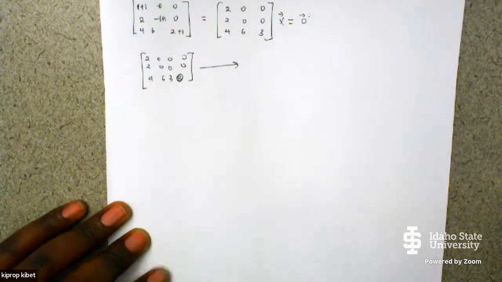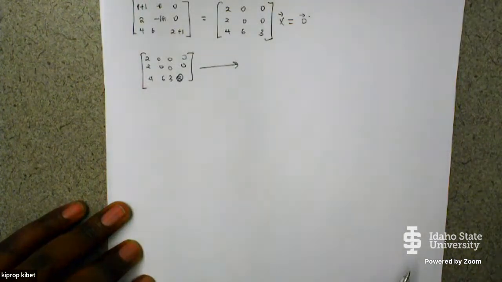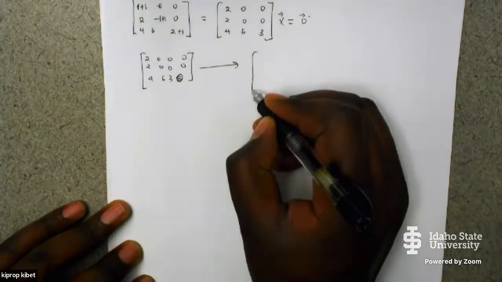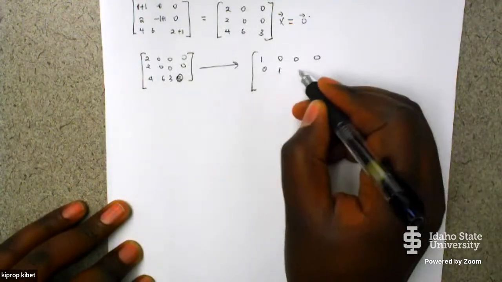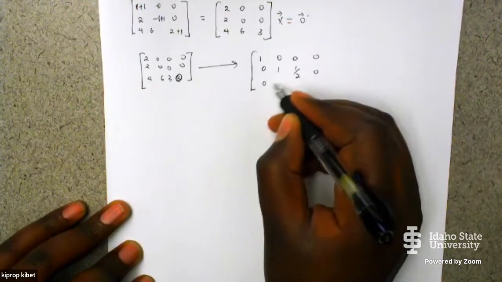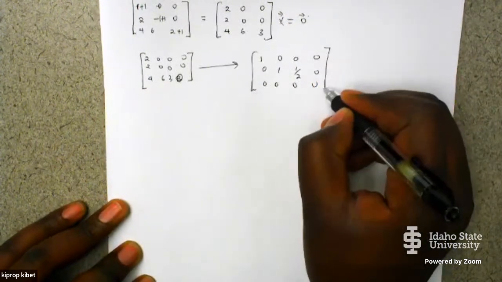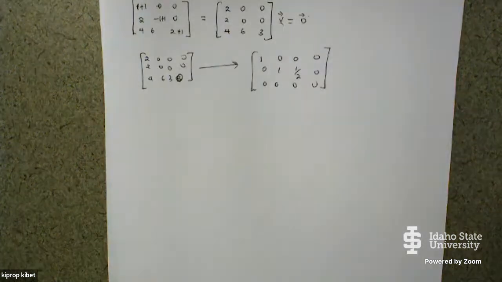So when you reduce this completely, then what you get is 1, 0, 0, 0, 0, 1, 1 over 2, 0, and then 0, 0, 0, and then 0. So that is what you will get.